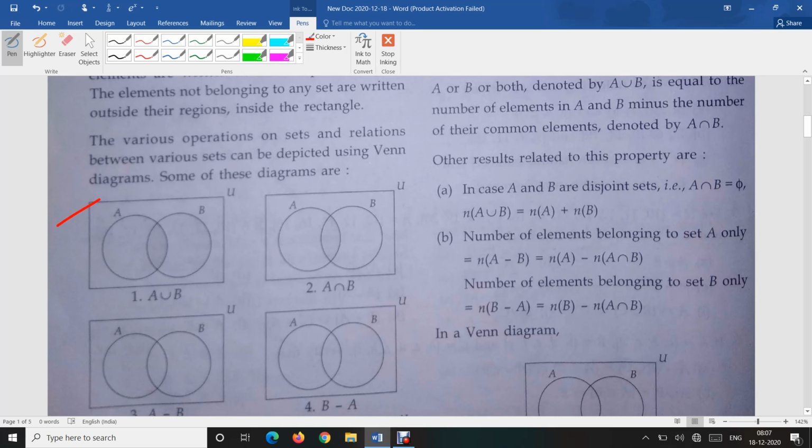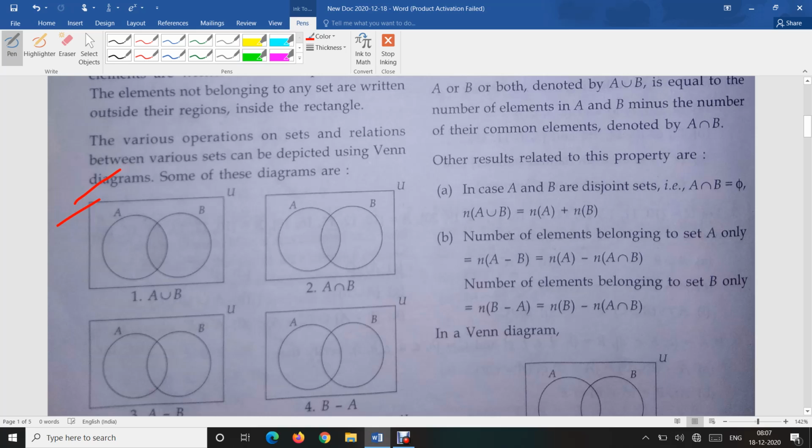We know that operations are A union B, A intersection B, A minus B, B minus A, complement of A, and so on. So we will study how we can apply these operations to the Venn diagram. We can draw the Venn diagram for these operations.